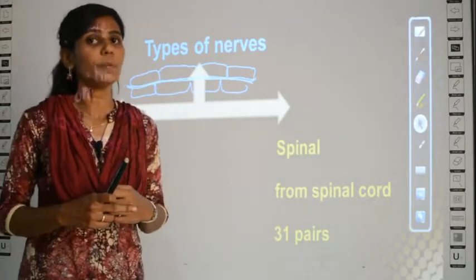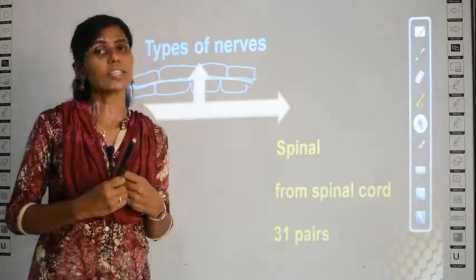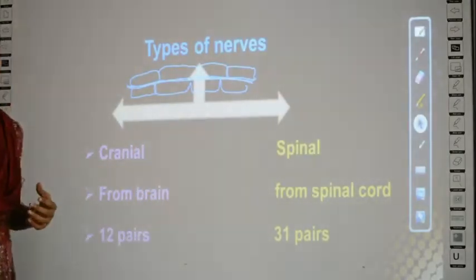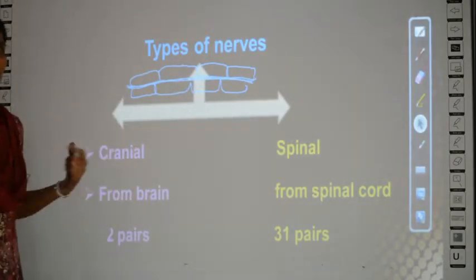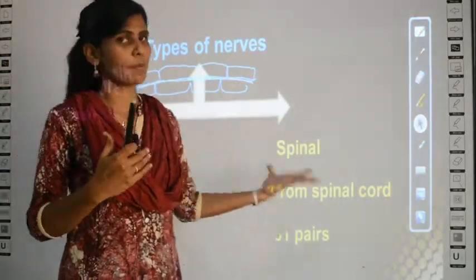So what did I tell you? There are two types of nerves based on where they arise or originate. If they start from the brain, then they are called cranial nerves, and if they start from the spinal cord, then they are called spinal nerves.